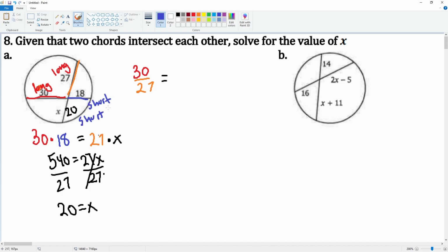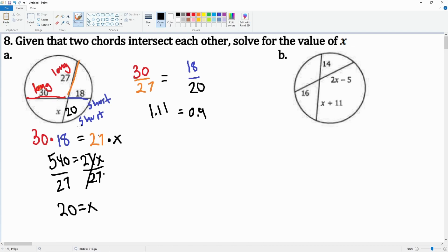Okay, do you see that? 18 over 20. Okay, right? So 30 divided by 20, right? This is like 1.11. And if you do 18 divided by 20, that's 0.9.